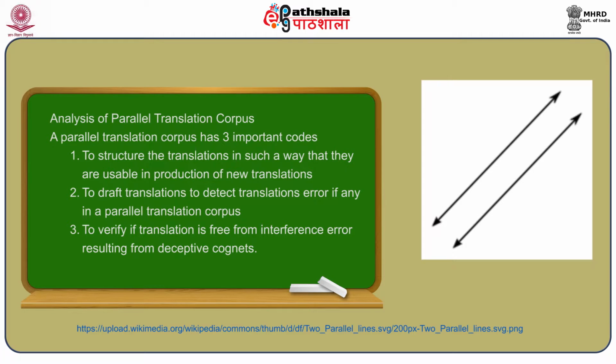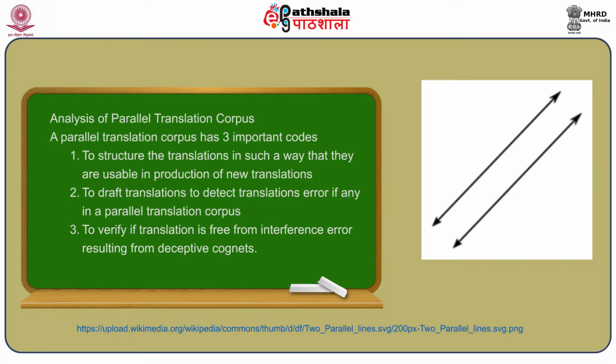Second, to draft translations to detect translation error, if any, in a parallel translation corpus. It is possible to certify that a translation is complete in the sense that larger units, pages and paragraphs and sections of the source language text are properly translated in the target language texts.